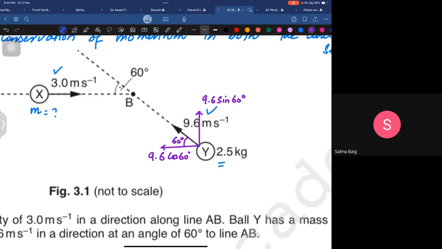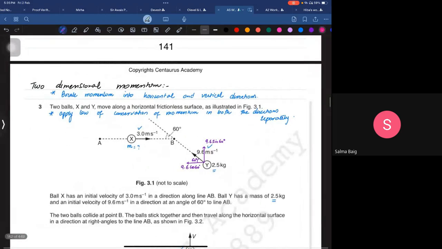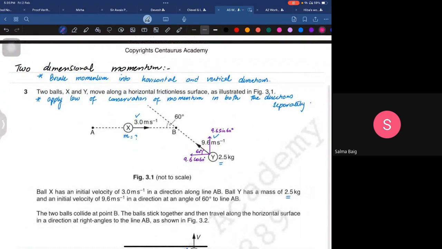Cool. Now what you've got to do is take the directions. So I'm going to take this direction as positive. I'm going to take this direction as negative. We'll be looking at the whole thing in the horizontal plane right now. This will be positive. This will be negative. These are opposite. We're completely going to ignore this because this is vertical. We don't need it right now.